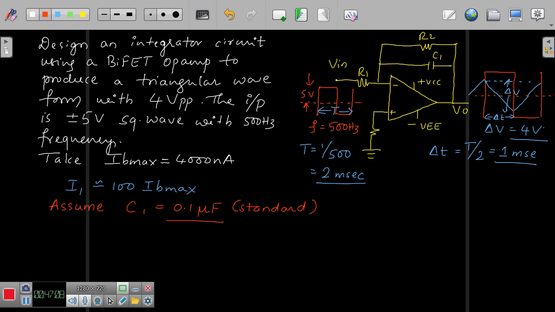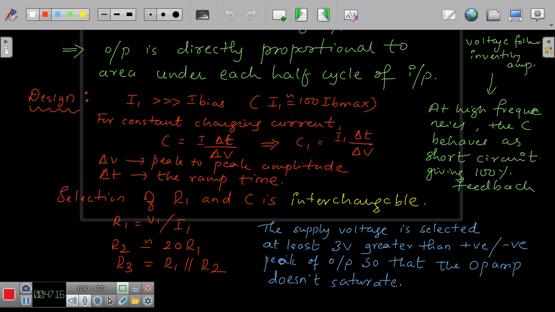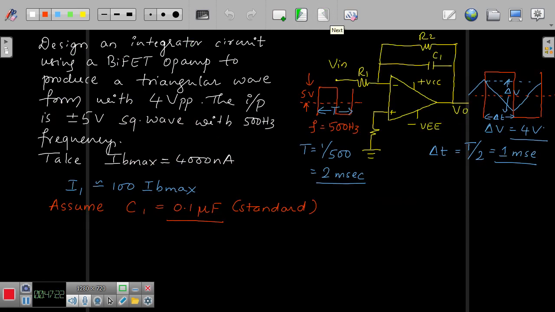Even if you do not assume the value of C1, you can easily calculate it, because I have already got the formula to calculate the value of C1 here, which is equal to I1 delta T by delta V. Correct or not? So your C1 is equal to I1 delta T divided by delta V. But for that, I have to substitute it in this equation, right?